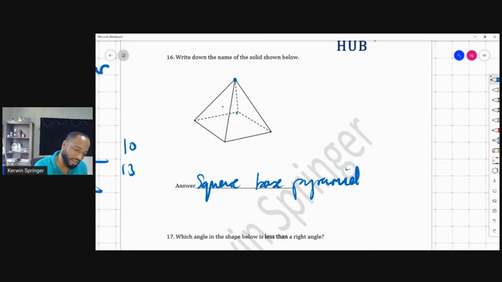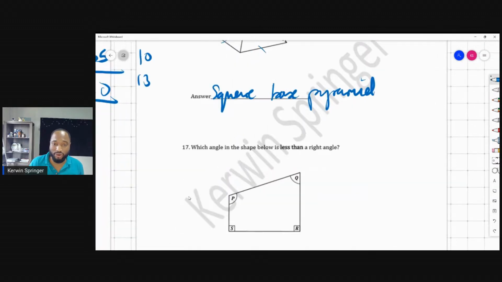Pyramids always have triangular sides going up to the top, and the base is square. We're assuming that, because they didn't do anything to force us to believe it was a square. They probably would have to specify that, because if somebody put a rectangular base pyramid, who am I to disagree? Who told you that was a square? We're assuming it was a square, right?